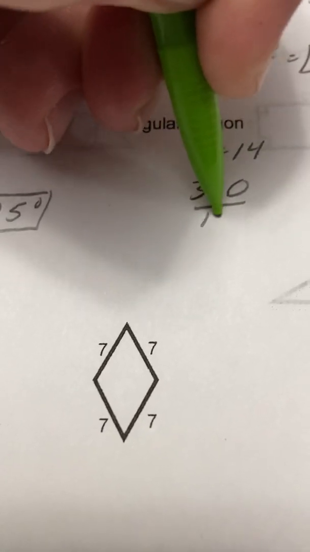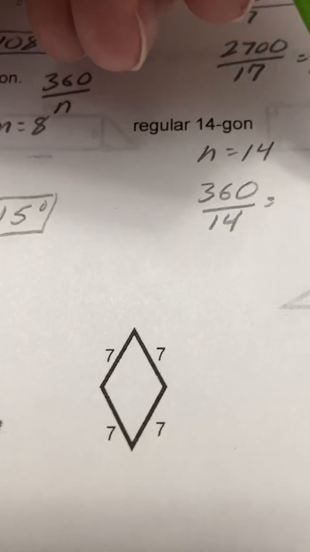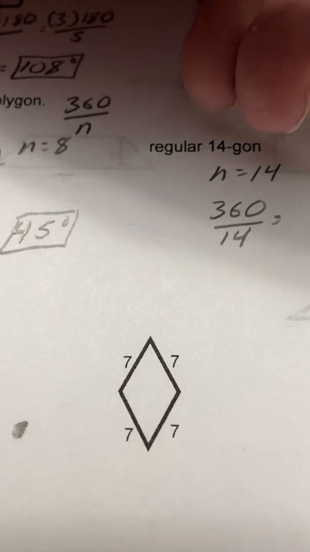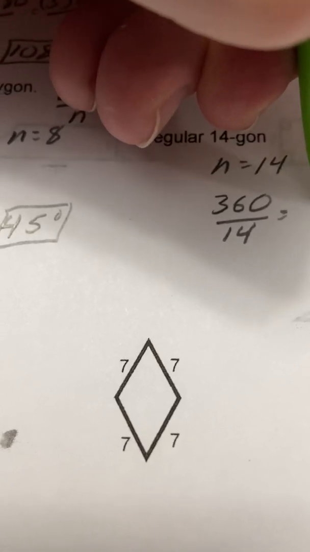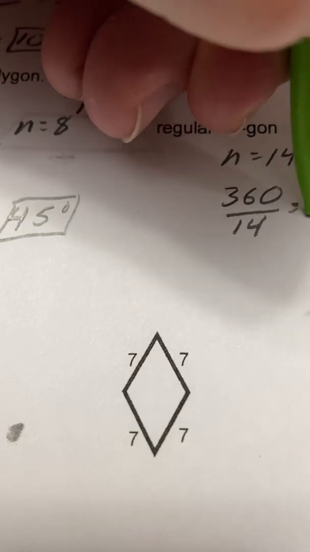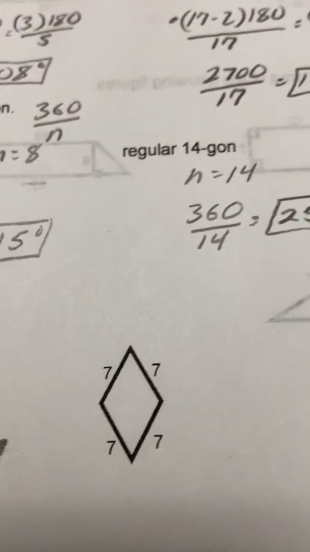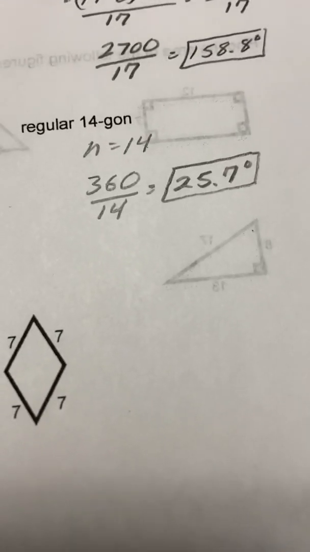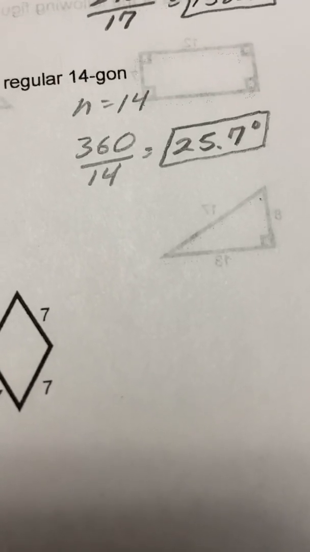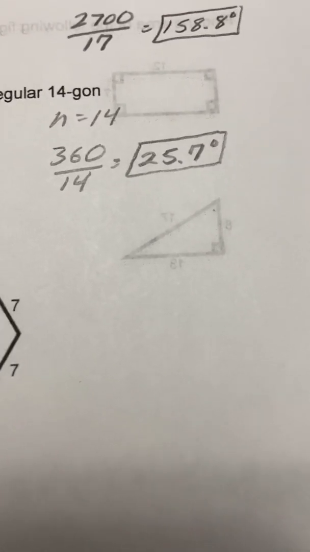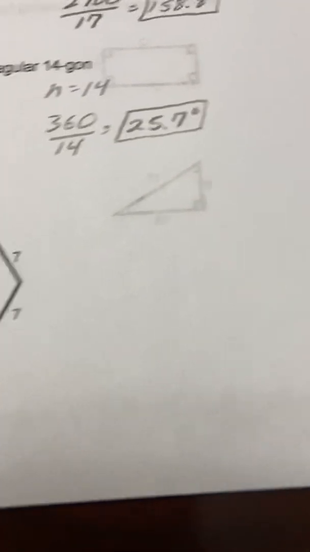Simply 360 divided by 14. And if we divide 360 by 14, that's going to give us 25.7 degrees. So on exterior angles, the more sides, the smaller the angle is going to be. On interior angles, the more sides, the bigger the angle is going to be. Just a little rule to follow.